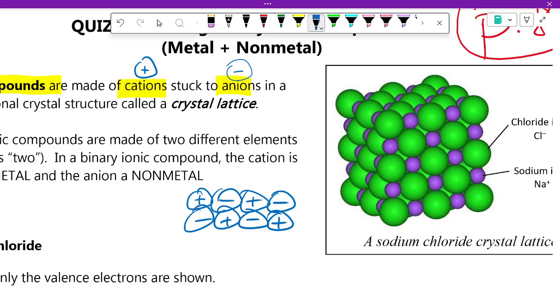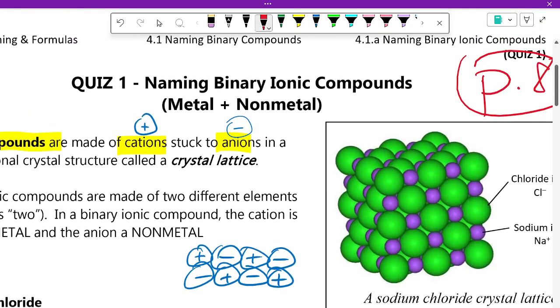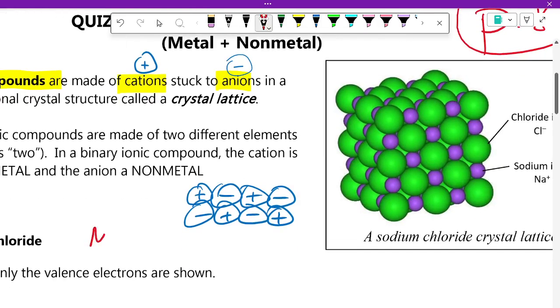How do we know that we have an ionic compound? It's made of ions, and you have to have a metal plus a non-metal. Which one comes first?